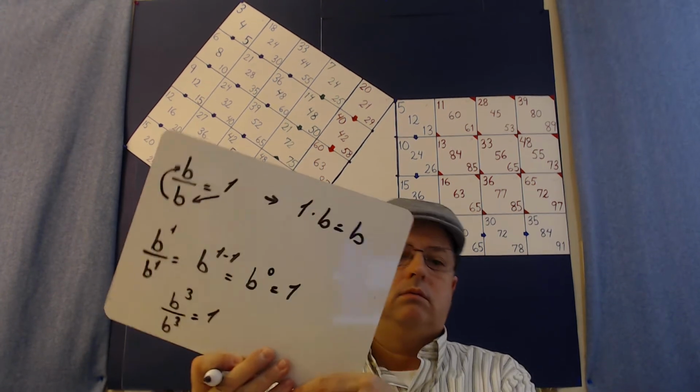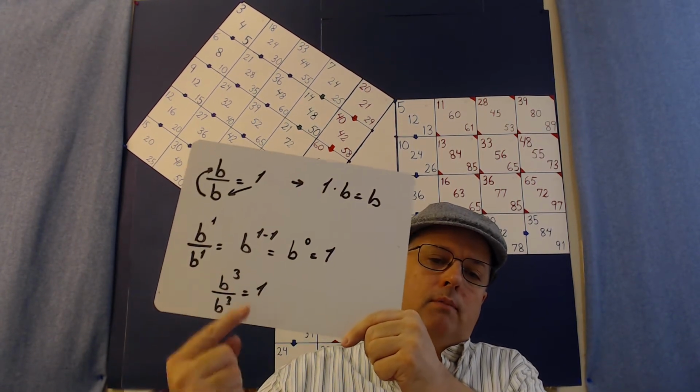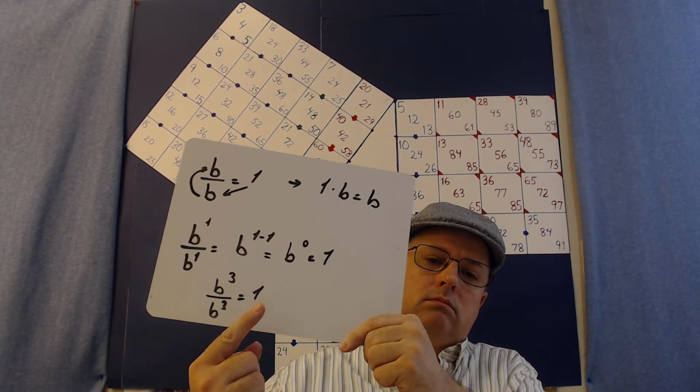And then, for that matter, if you have b to the third over b to the third, well, that's 1. You might remember that the same over the same is always 1.